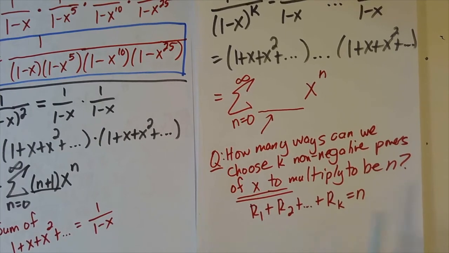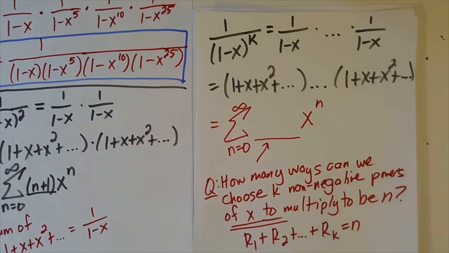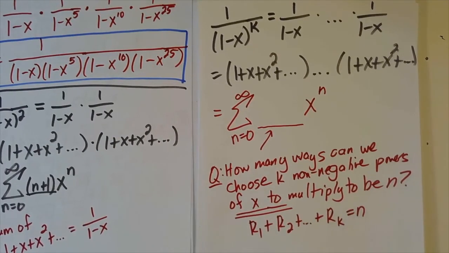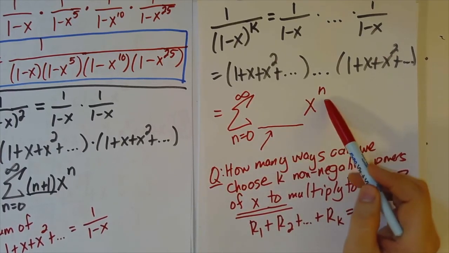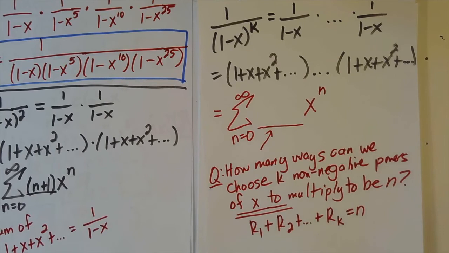Or if you want, all I've really done here is written a very calculus-y way of asking the kid and candy bar question. So I'm asking the same question as if I was asking, if I want to give n candy bars to k children, how many ways are there for me to do that?